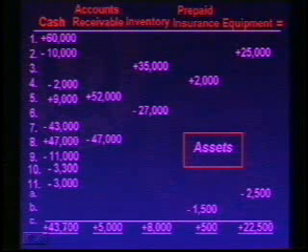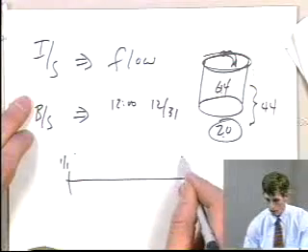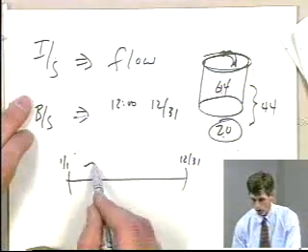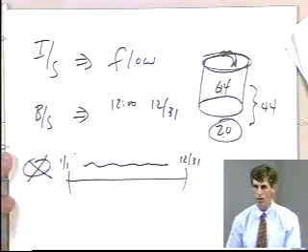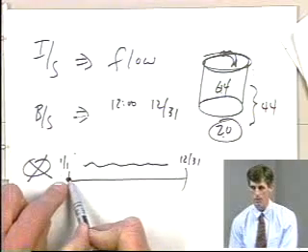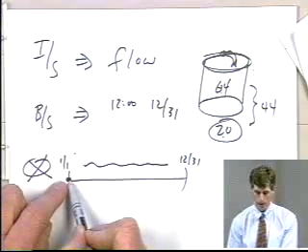Now, it turns out that if we're measuring a flow across time, and that time is from 1/1 to 12/31, and we don't want anything from back there, then the beginning balance in these revenue accounts, these expense accounts, has to be what? Has to be 0. That's right.